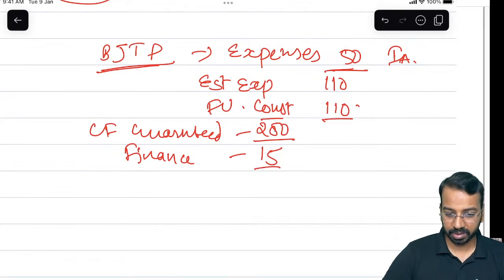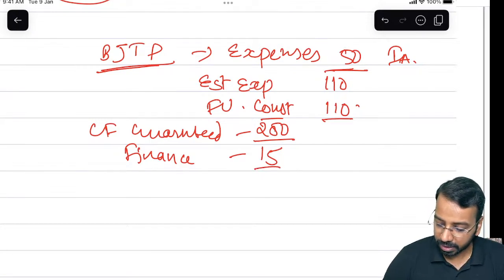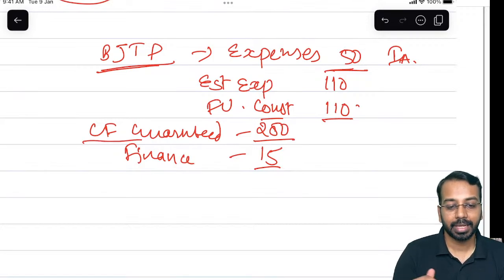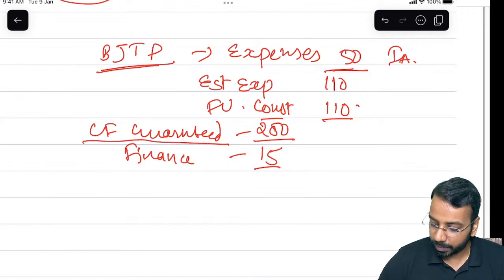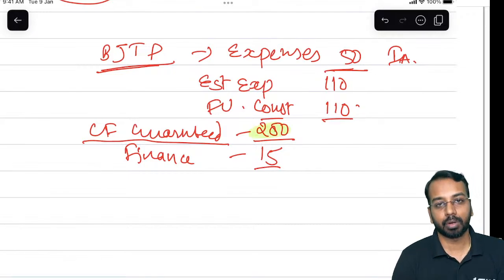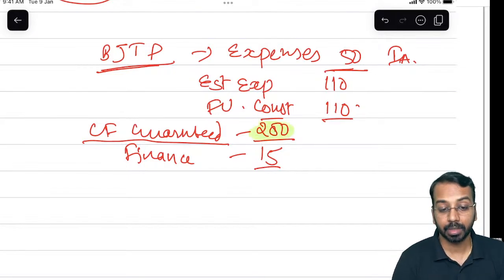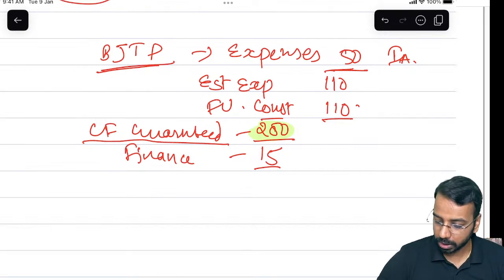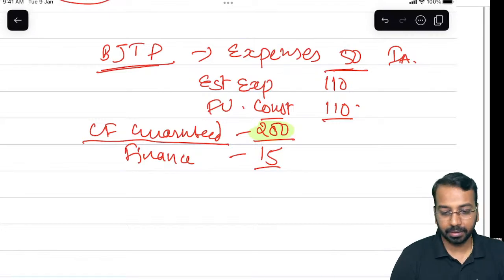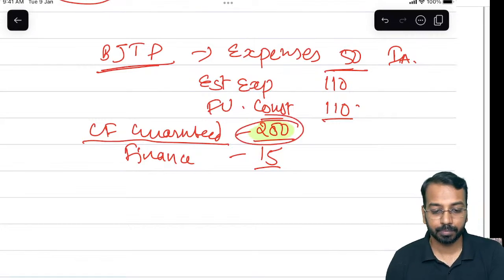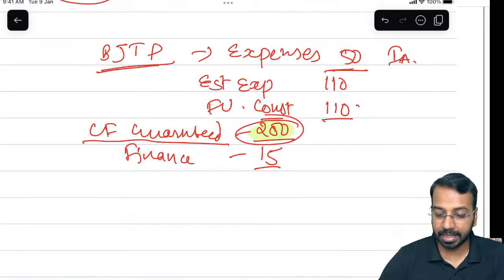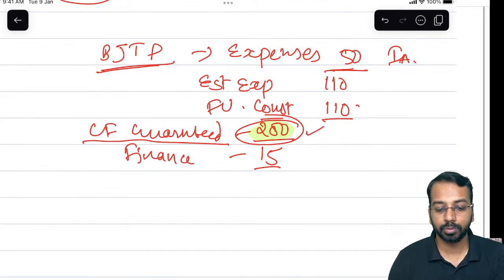Now, first, when the cash flow is guaranteed, the company has a right to receive this 200 from the grantor or the government. The operator has a right, because when there is a guarantee, even though the public may use it, the government will pay 200.